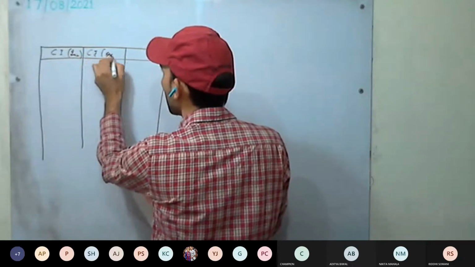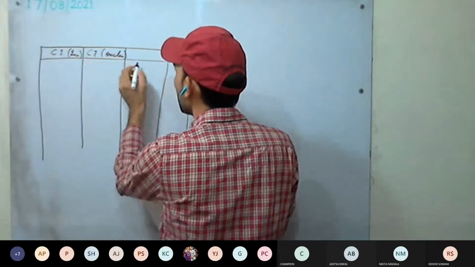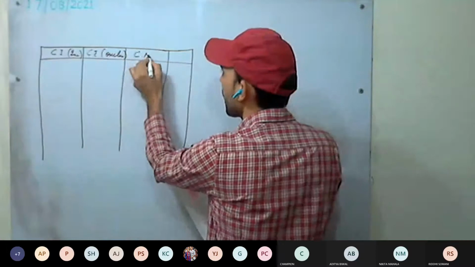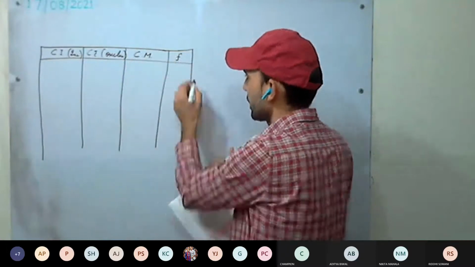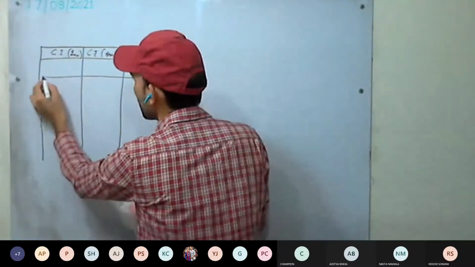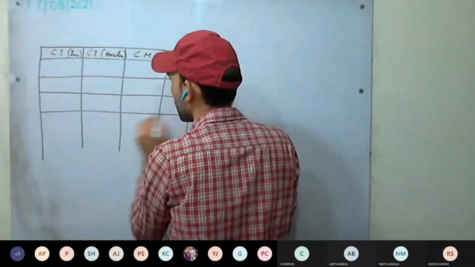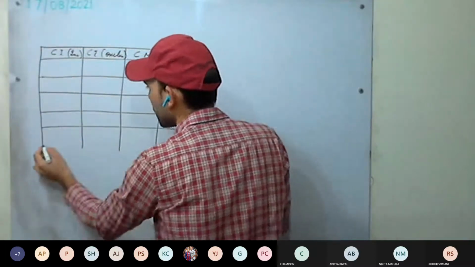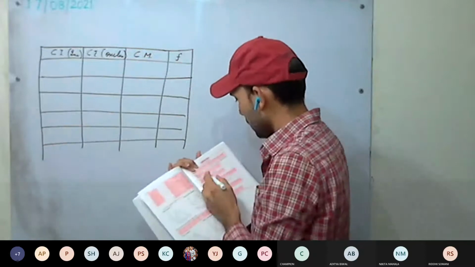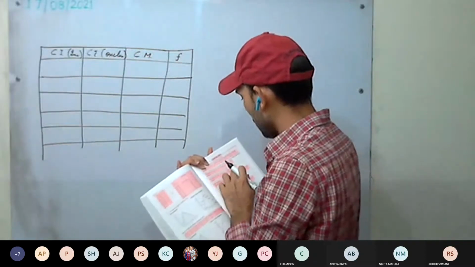Class interval, exclusive. And here we have the class mark and here the frequency. One, two, three, 4, 5.